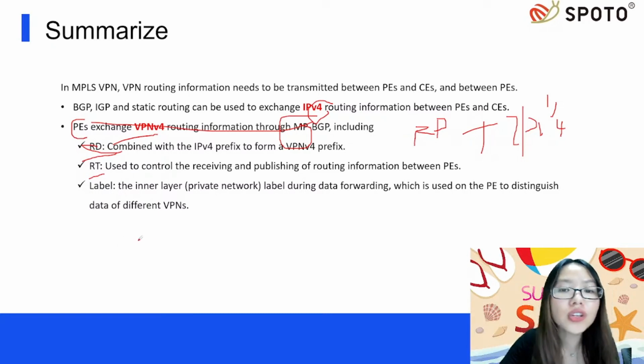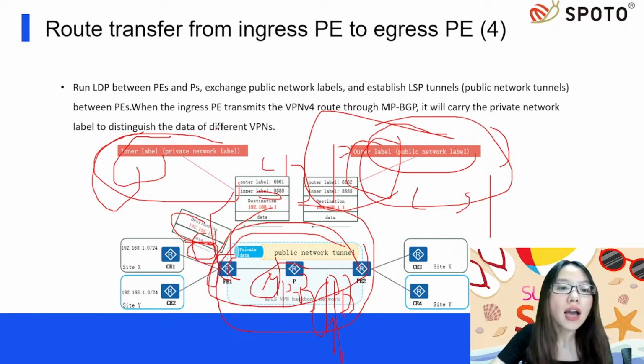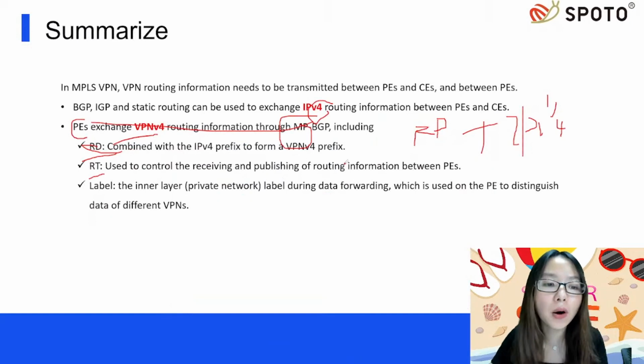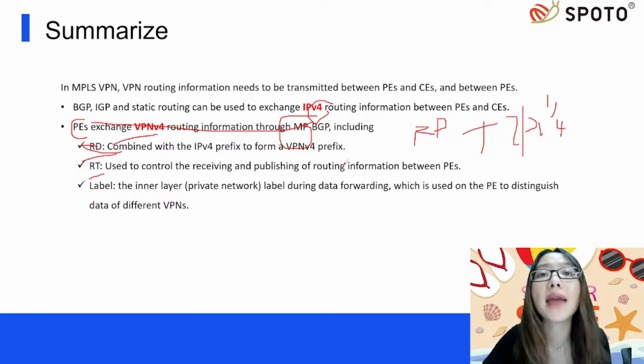And we need to use MPLS, including the inner label and outer label during data forwarding, which is used by the PE to distinguish data of different VPNs.